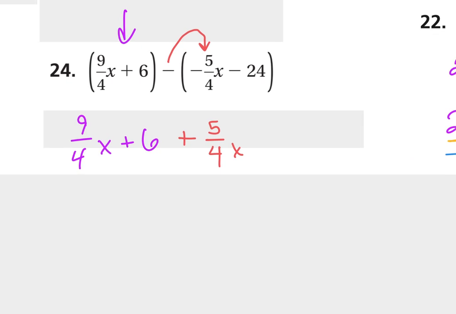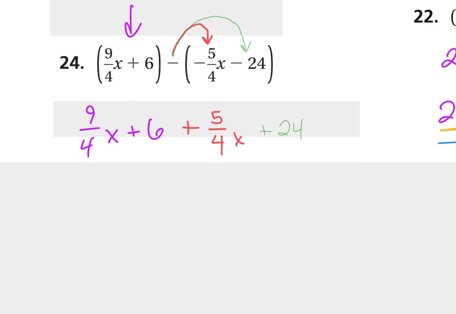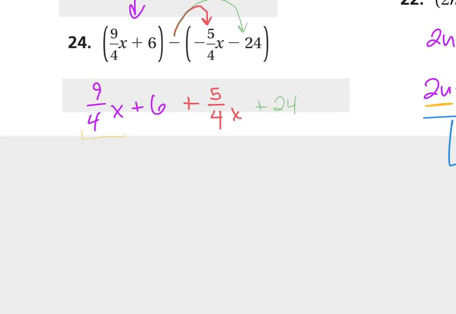Okay. Next, negative 24. That's plus 24. And now we just do like terms. 9/4 x plus 5/4 x is 14/4 x. 6 plus 24 is 30.